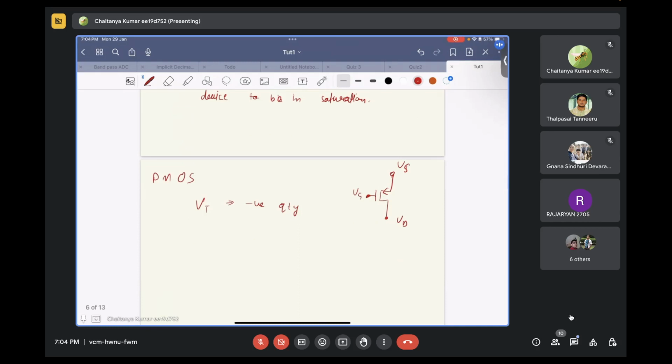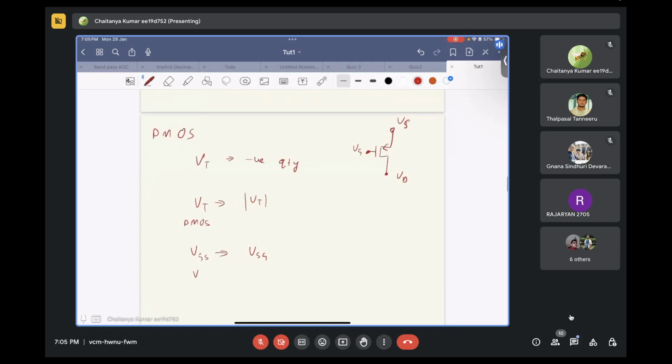you basically replace VT of PMOS by the modulus of VT, and instead of VGS, you write VSG, and instead of VDS, you write VSD, and you guys are covered.